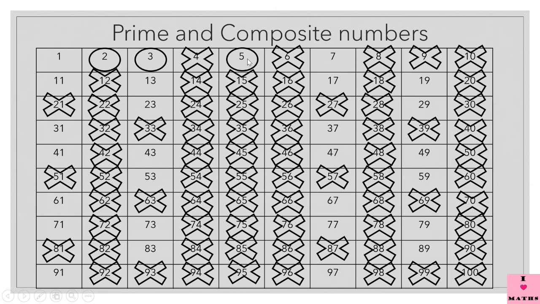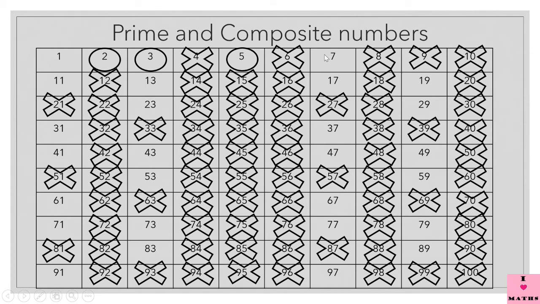See, 5 I have encircled and all the numbers which have 5 at their ones place or 0 at their ones place have been crossed. Now children, we have to repeat this step again and again till all the numbers in this grid till 100 are either crossed or encircled.